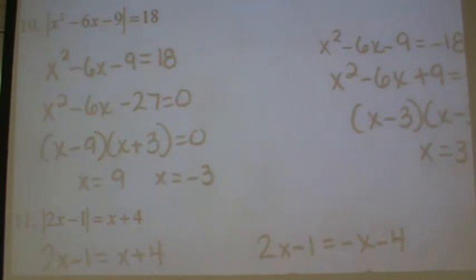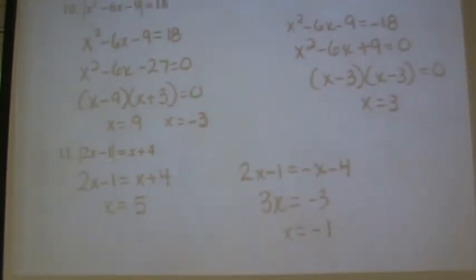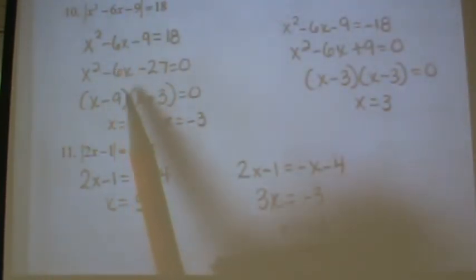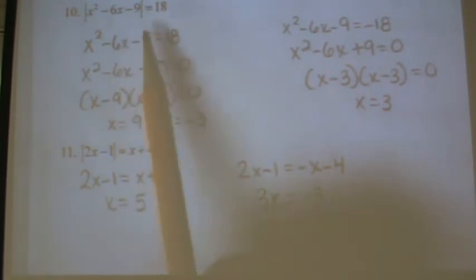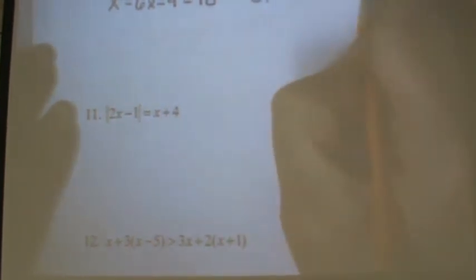This is how you do it by hand. You are going to set each of these equal to 0. It's an absolute value, so let me write it out. You have x squared minus 6x minus 9 equals 18, or x squared minus 6x minus 9 equals negative 18.